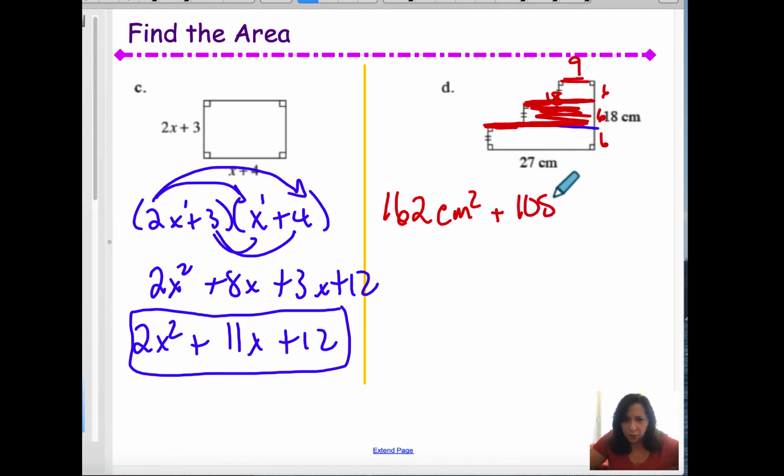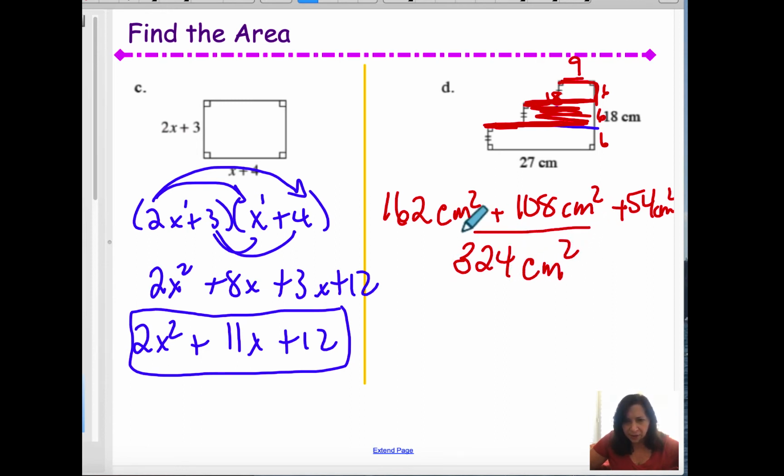So plus 108 centimeters squared plus 6 times 9, right? And that's 54. I'm going to add all 3 of those up. 54 plus 108 plus 162 is 324 centimeters squared. And that's the area of that unique shape.